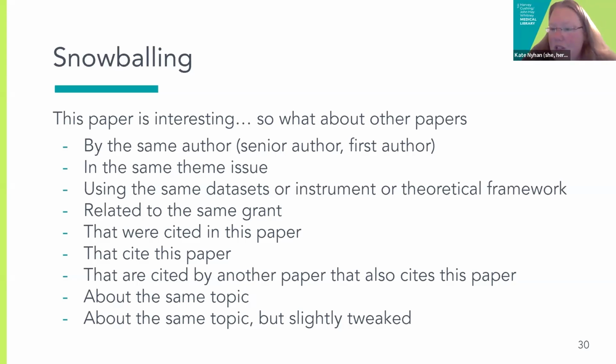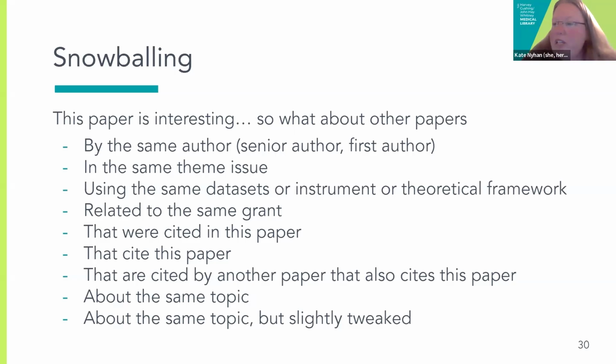Or maybe you want to find other papers by that first author. PubMed will let you search by an author name in the first or last position if you go into the advanced search options. Maybe you want to read other papers in that same special issue. Maybe you want to read other papers that were cited in this paper. That's like going back in time, following the intellectual tradition that resulted in this paper that you started off with.